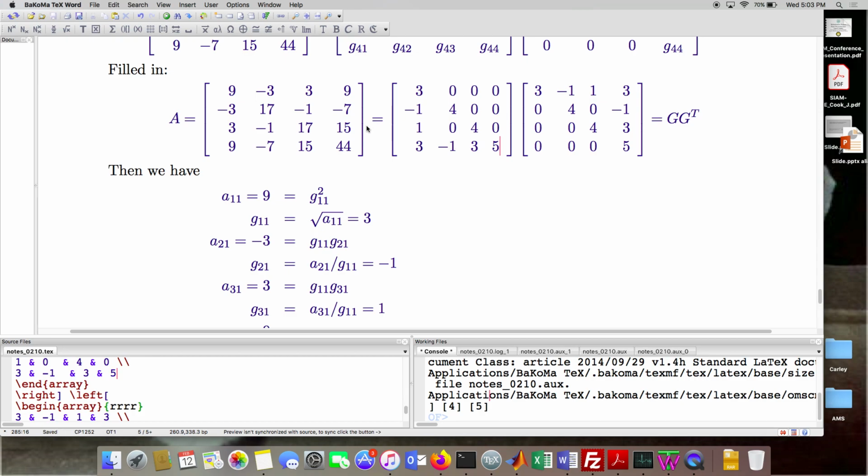So this times its own transpose is equal to the original A. So what we see is by going from column to column, so first column top to bottom, the second column diagonal to bottom, and going in that order, you always have one entry that is unknown. If you look at the equation for each entry of A being expressed in terms of entries in G, you always know all the entries involved except for one, and then you can go ahead and solve for that one and go from there.